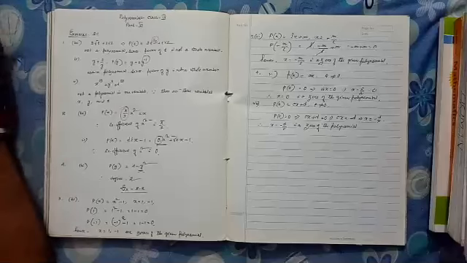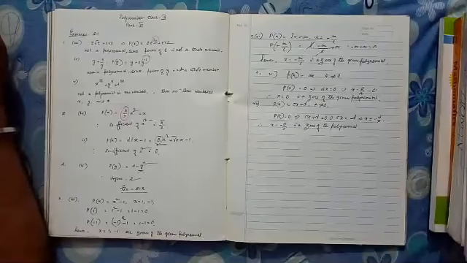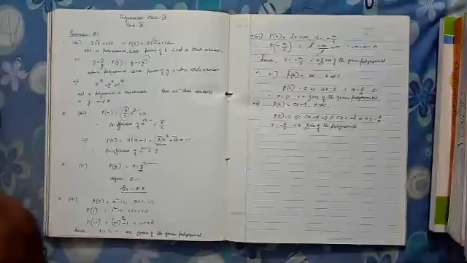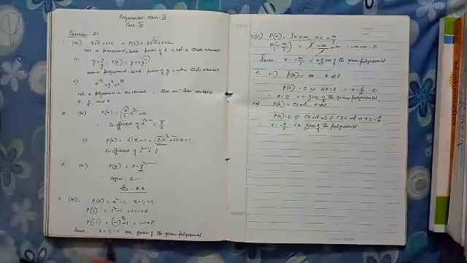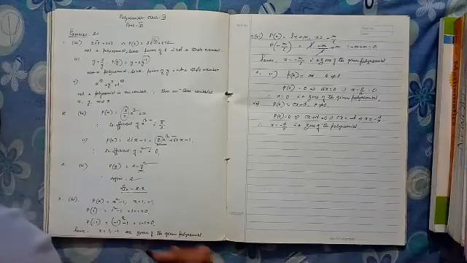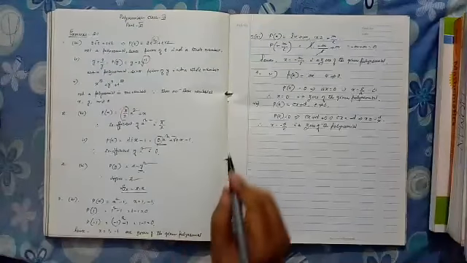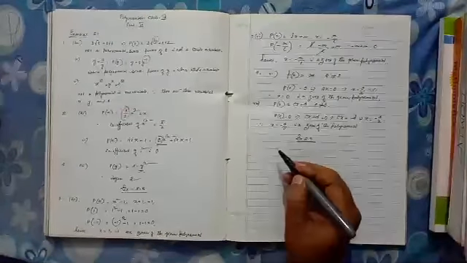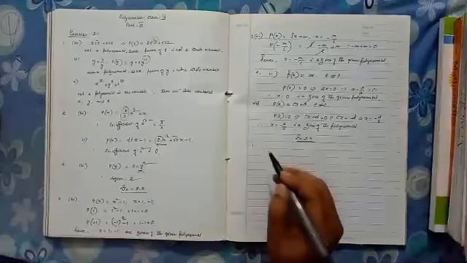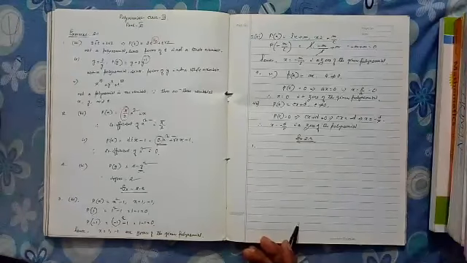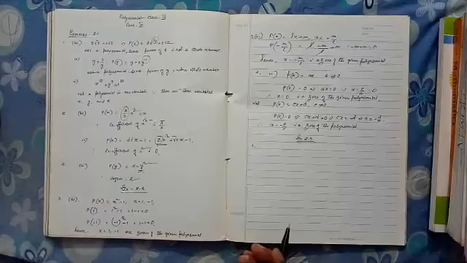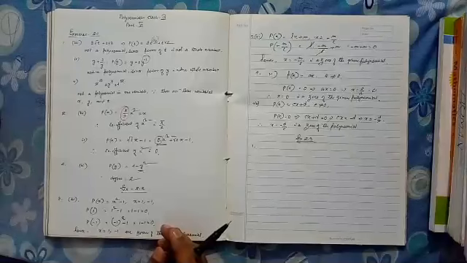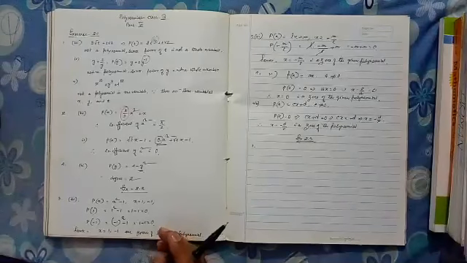Next, exercise 2.3. Now in exercise 2.3, I will also do some of the important sums. Exercise 2.3, sum 1. Find the remainder when x cube plus 3x square plus 3x plus 1 is divided by, say, x plus pi.